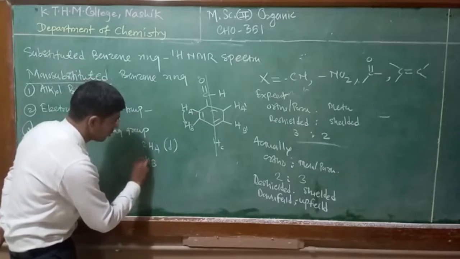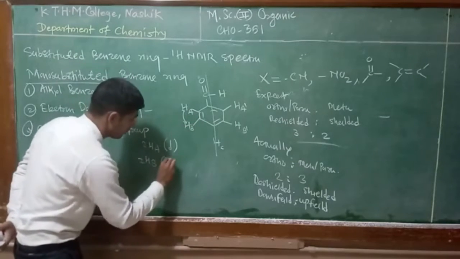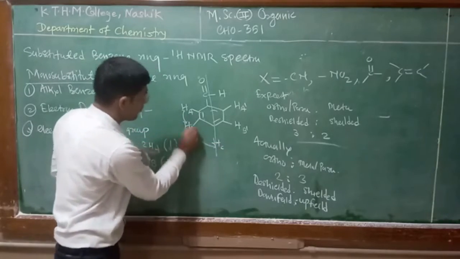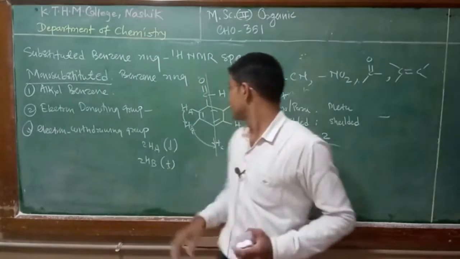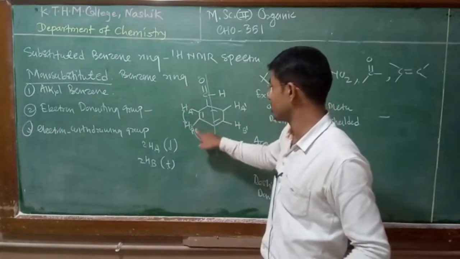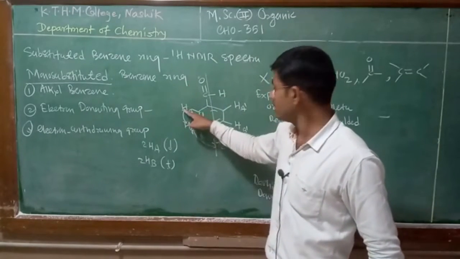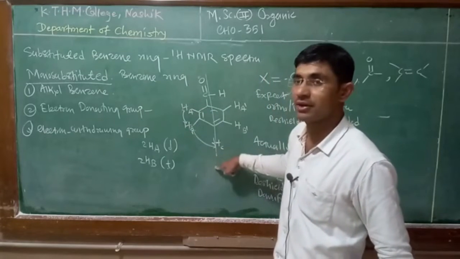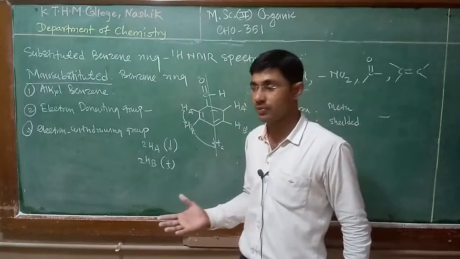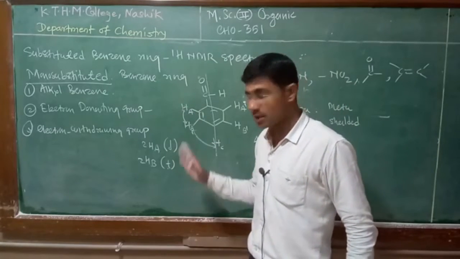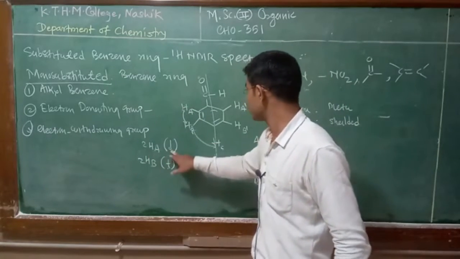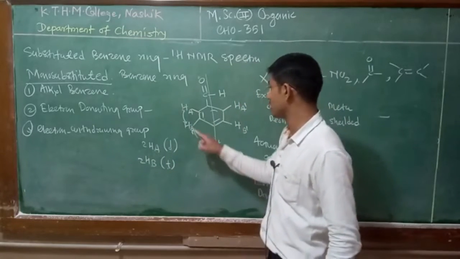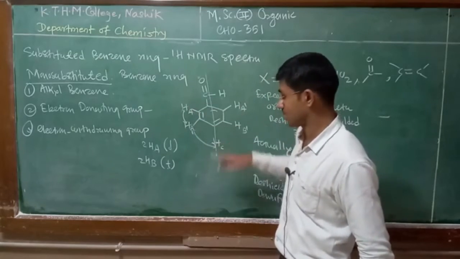The 2 Hb protons give a triplet signal. They are coupled with Ha and also coupled with Hc, so there are 2 ortho couplings. Here there is only one ortho coupling, Ha is coupled only with Hb. Actually the coupling of Ha to Hc is a meta coupling, which has a very small value, so we are not considering it here. So the Ha proton shows only a doublet. The two Hb protons show a triplet, since this proton is coupled with Ha and Hc by ortho coupling.